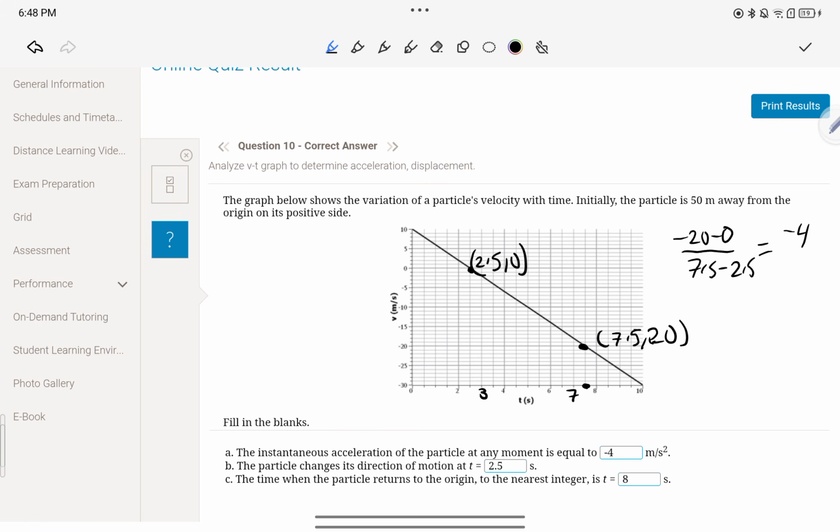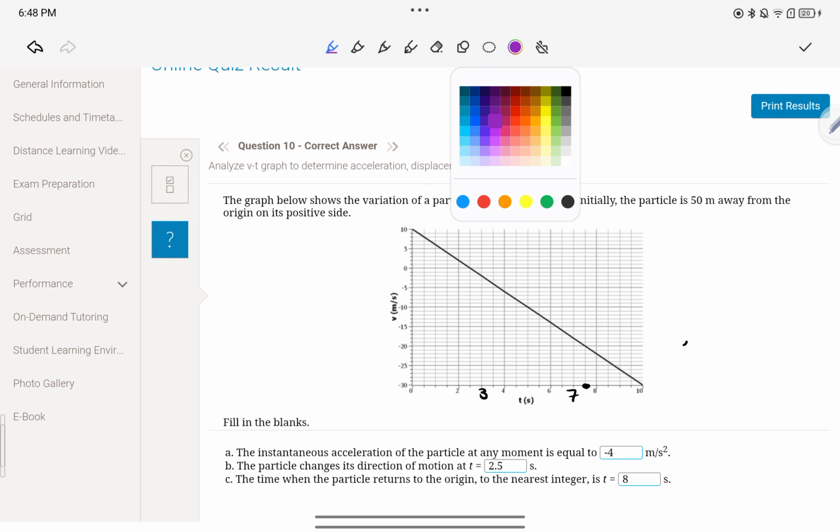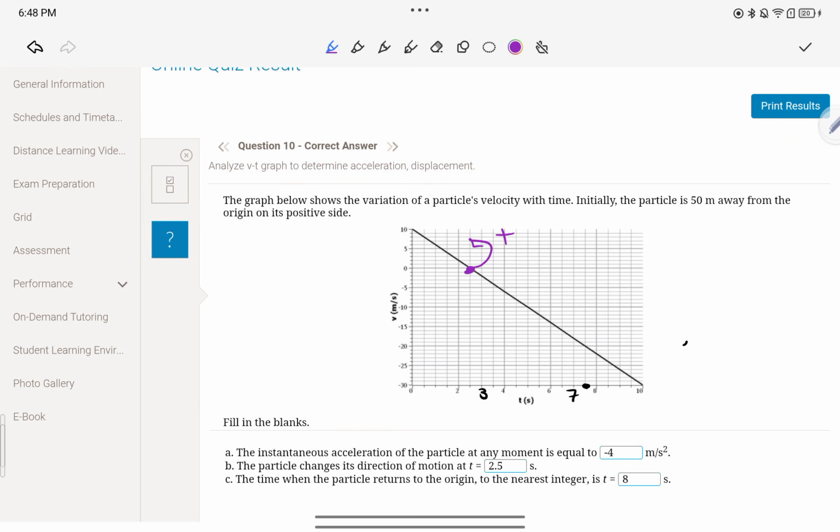Now the particle changes its direction of motion at what time? Look, you look at the graph. First thing, direction here. Look at 0. It's either going to be positive or negative.